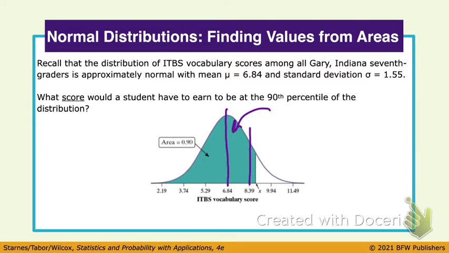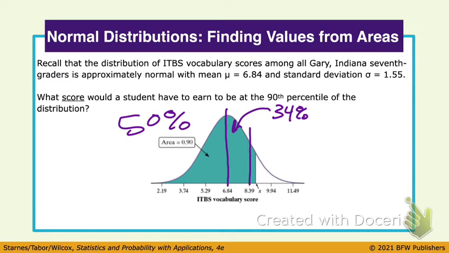That's 34%. So if I know there's 50% below the mean, plus 34%, that's 84%. So I would have to go a little further than this 8.39.